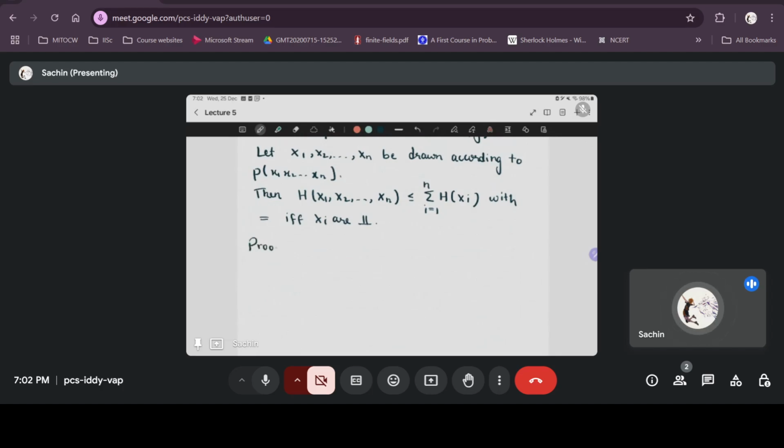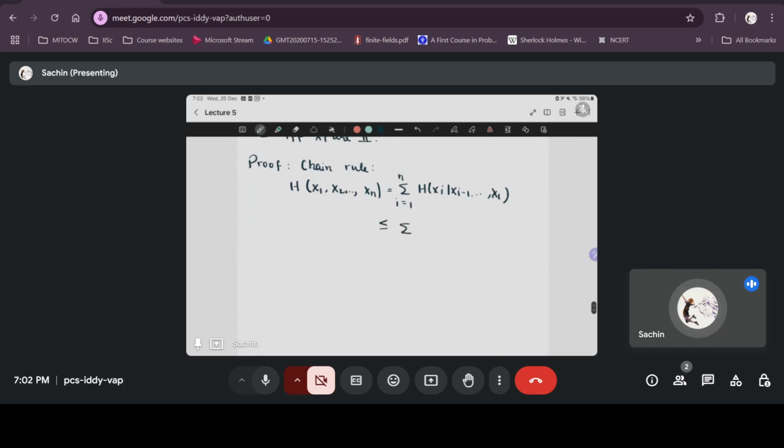The proof of this independence bound is as follows. We use the chain rule and we can write h of x1, x2, up to xn as the summation of h of xi given xi minus 1 to x1, which is less than or equal to the summation of h of xi, i equals 1 to n, because for each value of i, h of xi given x1 to xi minus 1 is less than or equal to h of xi, because conditioning reduces entropy.